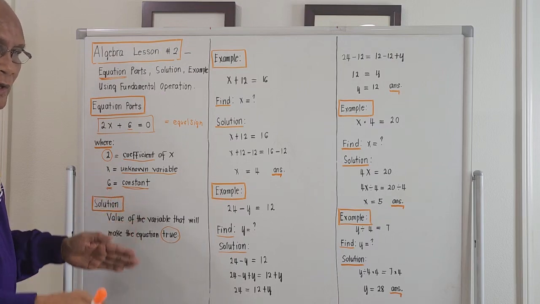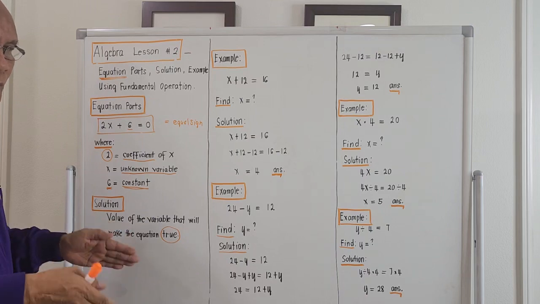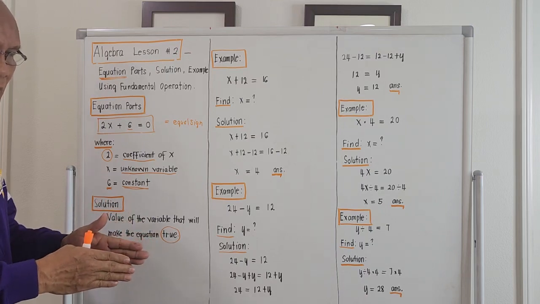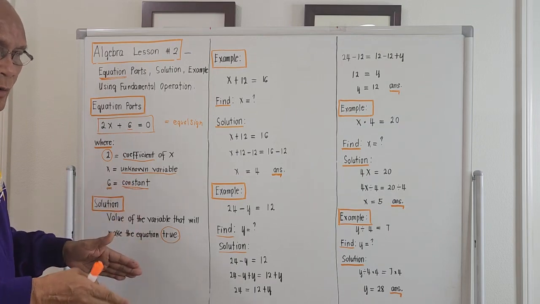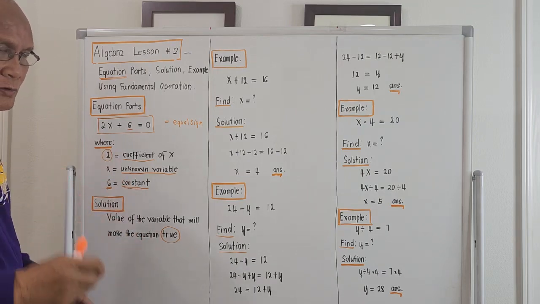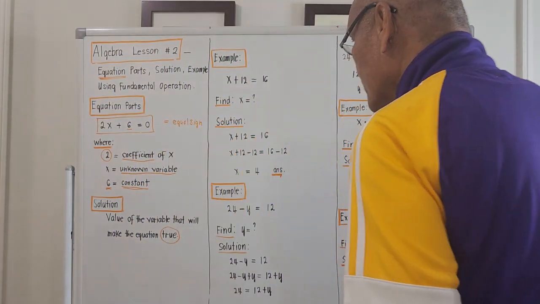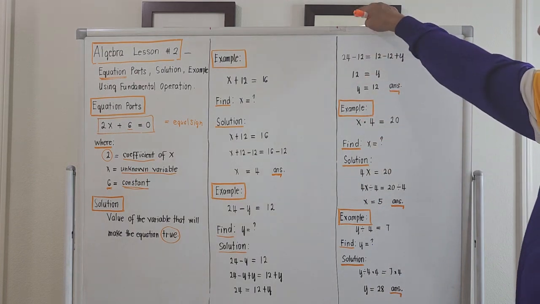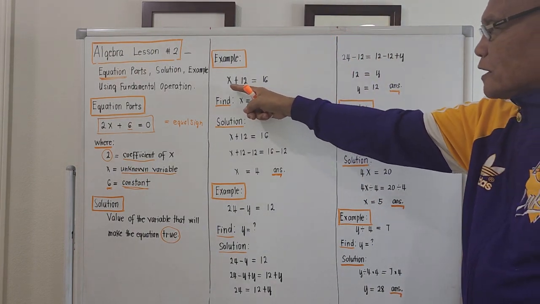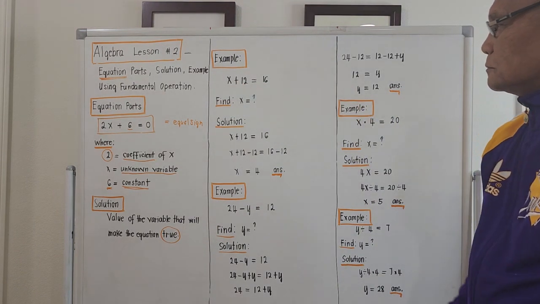Let's bring out example problems involving the 4 fundamental operations for the meantime. Actually, there are 6, but for tonight I will be giving examples for the first 4. Example number 1, the given equation is x plus 12 equal to 16.